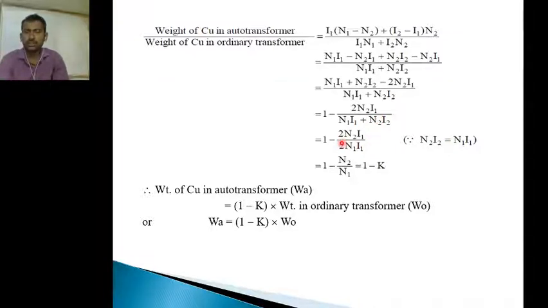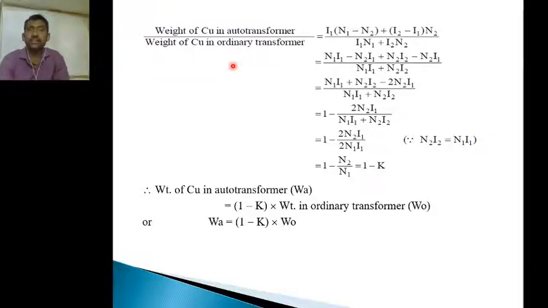The 2 cancels and I1 cancels, and we get 1 minus N2 by N1, which equals 1 minus K. So the ratio of the weight of copper in the auto transformer to that in the ordinary transformer is 1 minus K times.